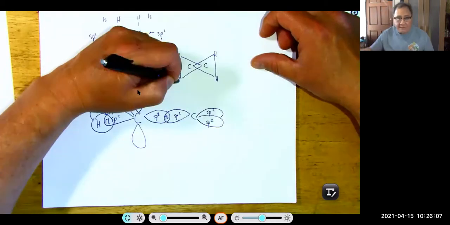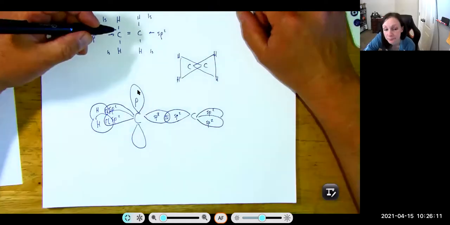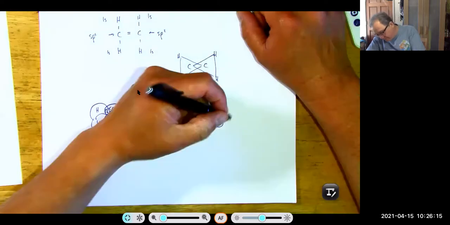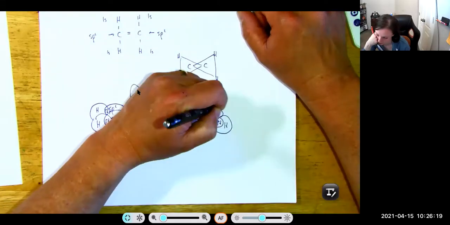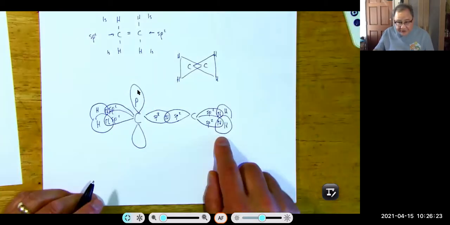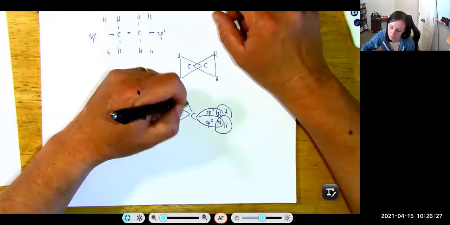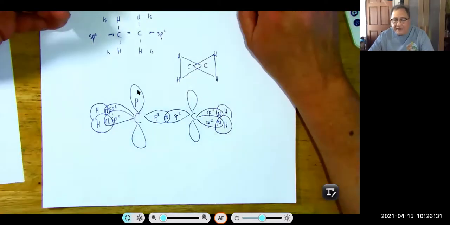That's looking from the top. So we see one of the bonds between the 2 carbons. And here are the bonds to the hydrogens. What's neat about this is it shows us the origin of the second bond.